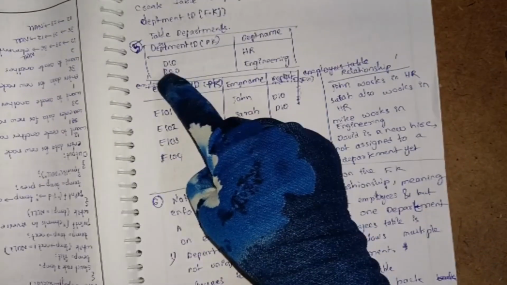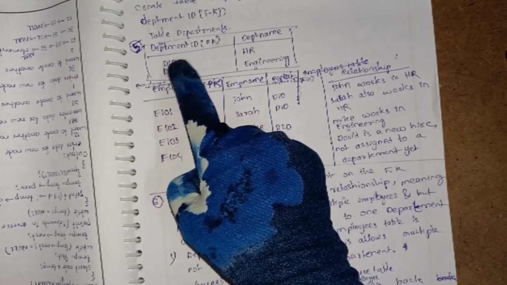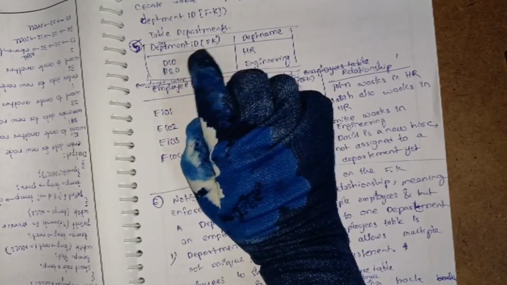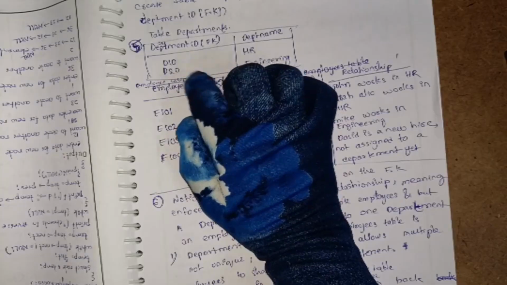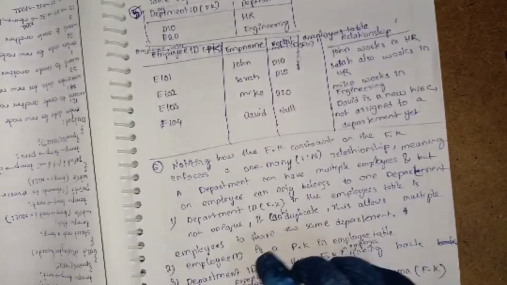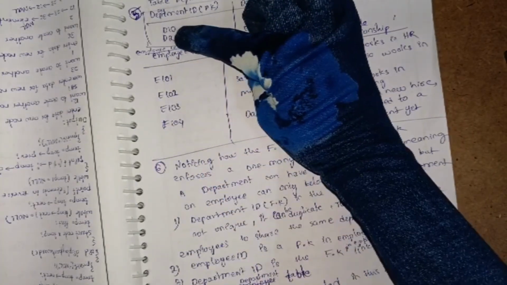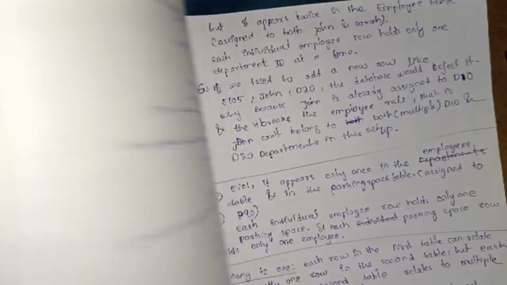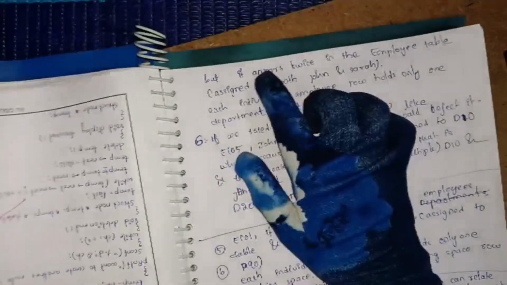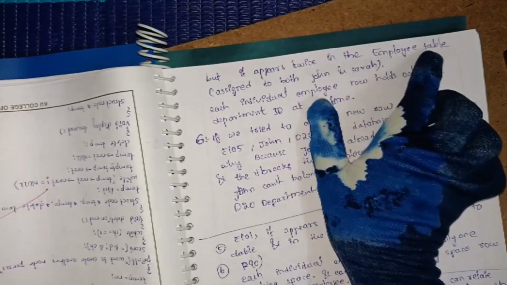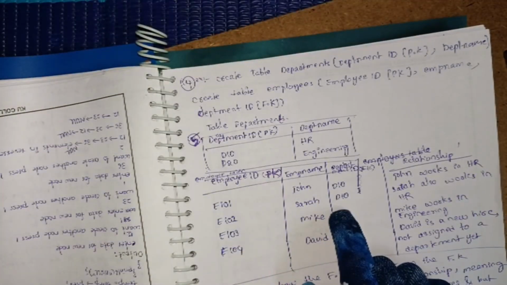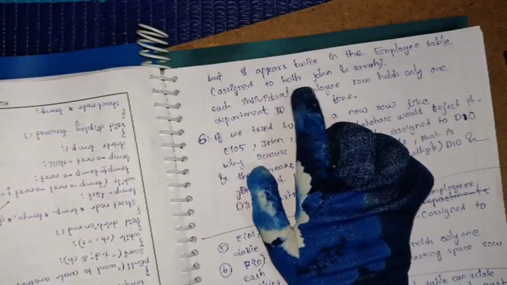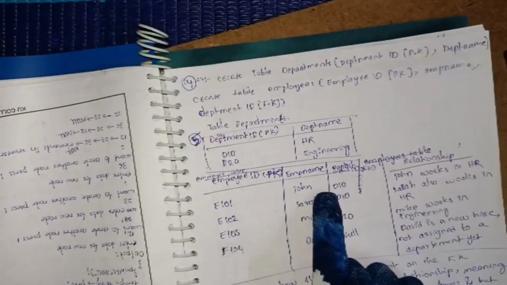Here in the department table, unique primary key values are there in the department ID column. So D10 appears only once in the department table, but it appears twice in the employee table, D10 and D10, assigned to both John and Sarah.